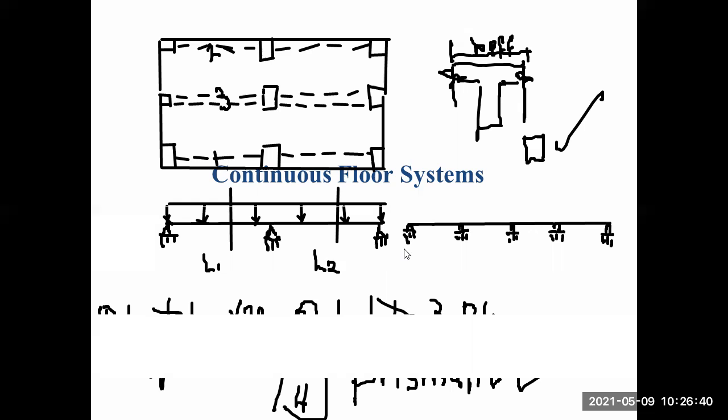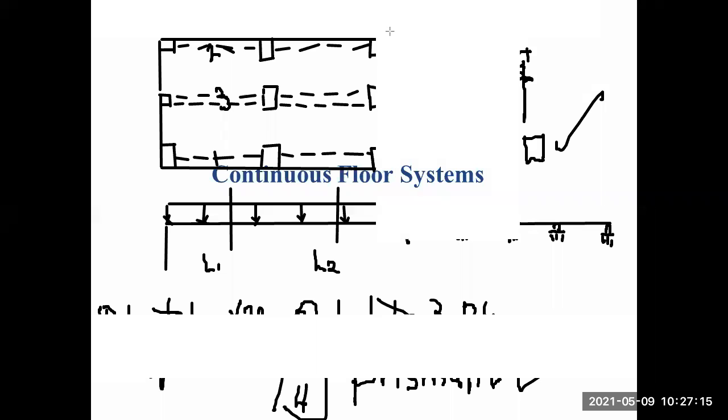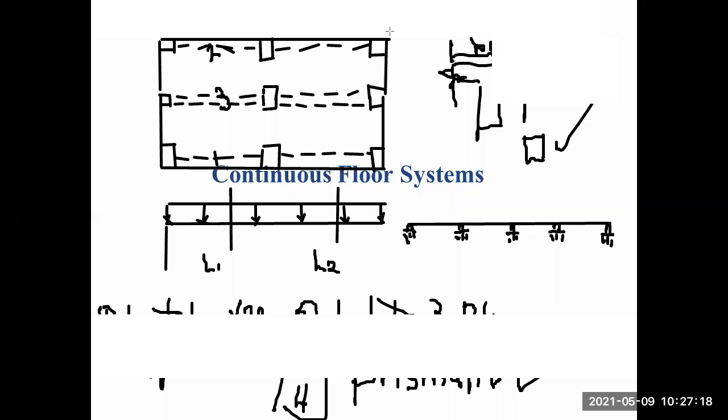If I remove these hinges, and provide you with the actual condition, if it is supported on columns, if I draw it nicely, I think I need to redraw it again. Just a minute. Let me.